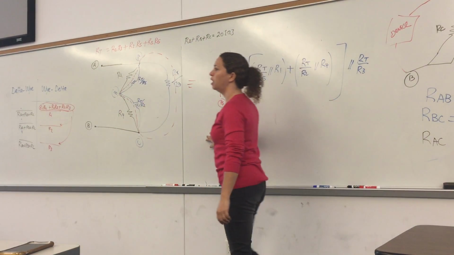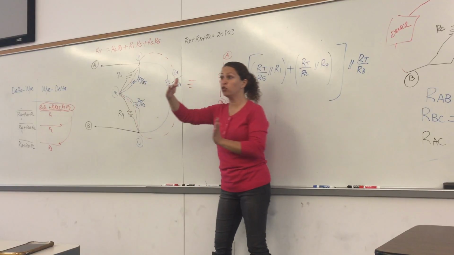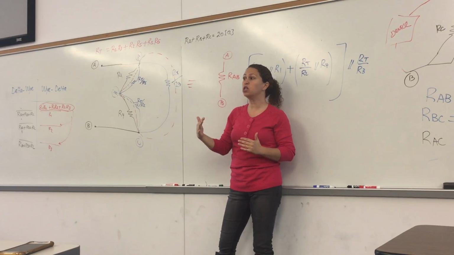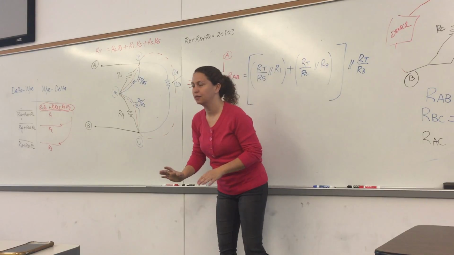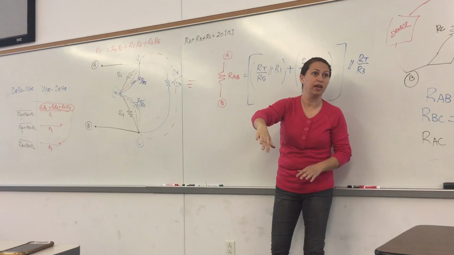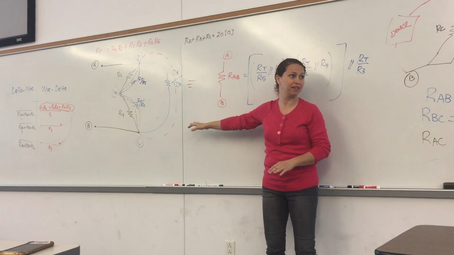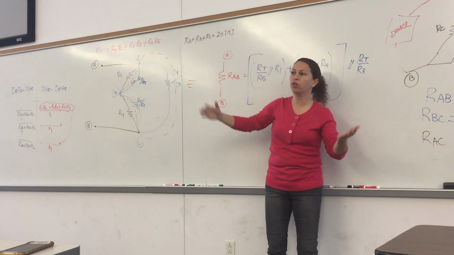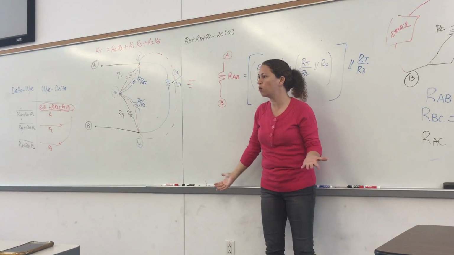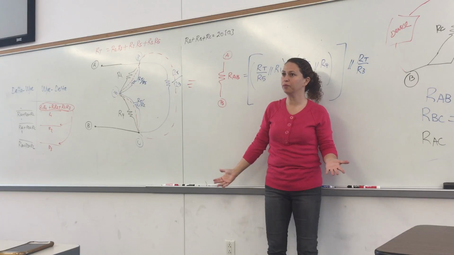Okay, so when you are finding an equivalent resistance between 2 points, always do not jump into delta to Y's if it is not required, okay? Make sure that you really need that. Can you go through a delta to Y in a circuit that actually doesn't require it? You can.